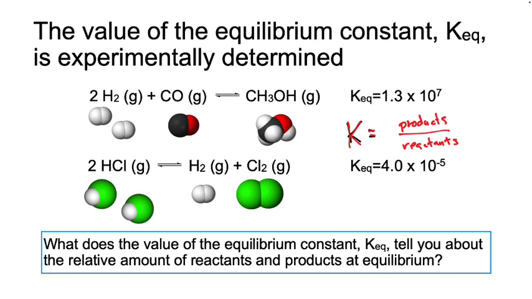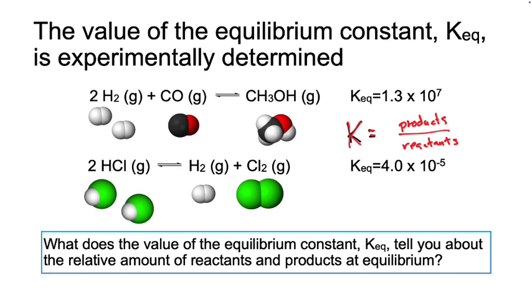What does it mean if I have a negative 1 for my K? If it's making you feel uncomfortable, you're probably on the right track. What does it mean that I have a negative number? I did something wrong. Why? What do the concentrations of my products and reactants have to be? They have to be positive values. I cannot get a K that is negative.